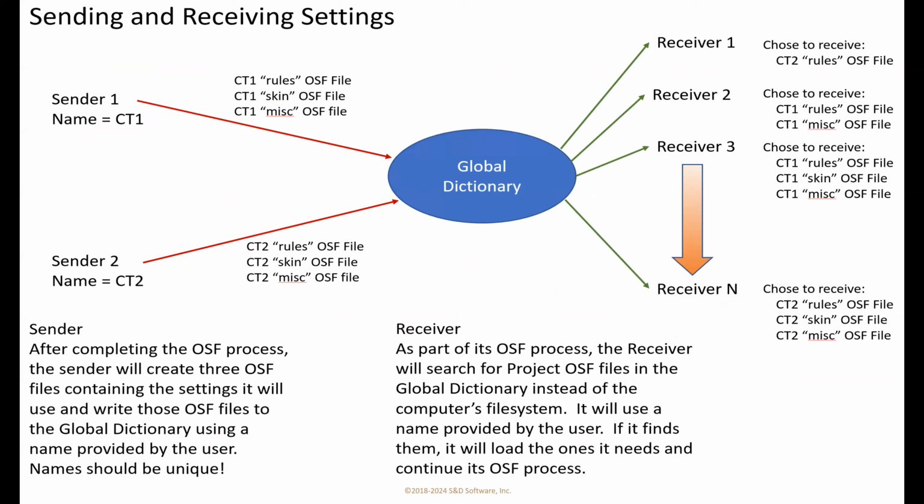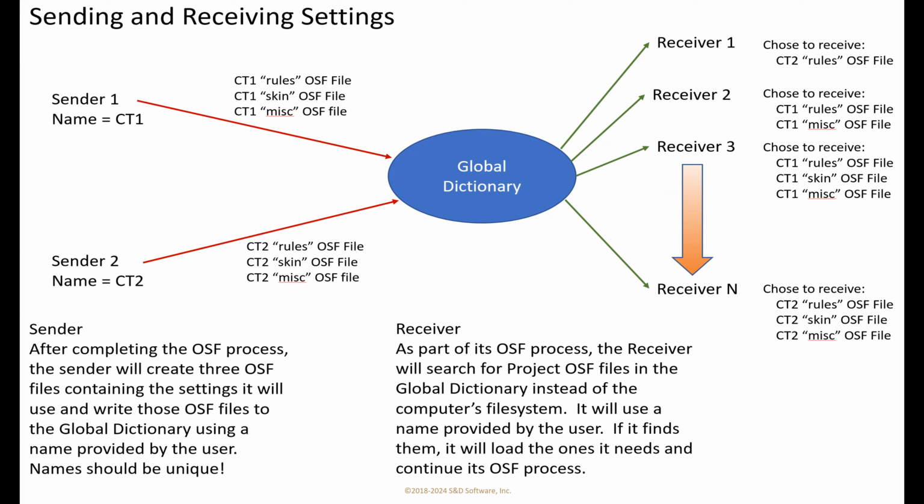Let's look at this graphically. So in this example, we have 2 senders. The first sender is creating a global dictionary called CT1 for Chart Tool 1. The second sender is creating a global dictionary called Chart Tool 2 or CT2.